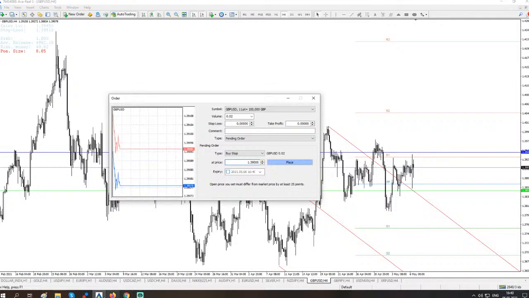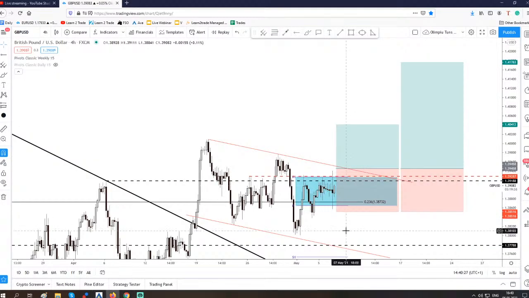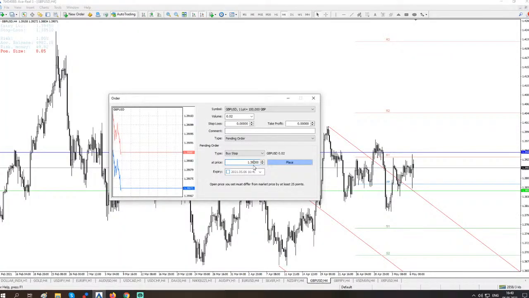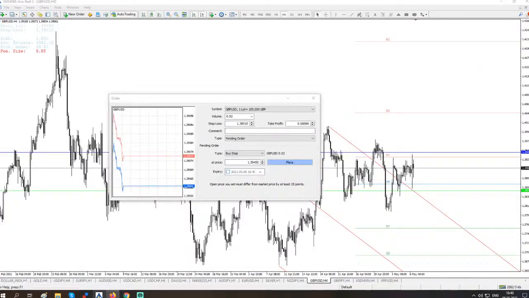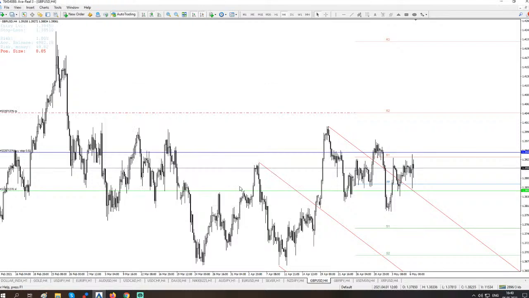One moment. 39.45, 1.3851, and our first take profit will be here at 1.4041, 40.41, place. Okay.